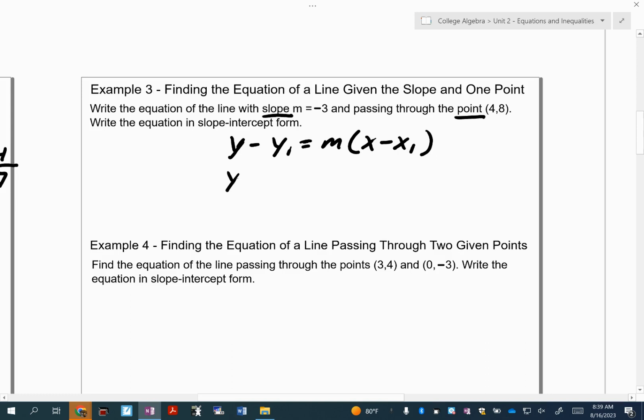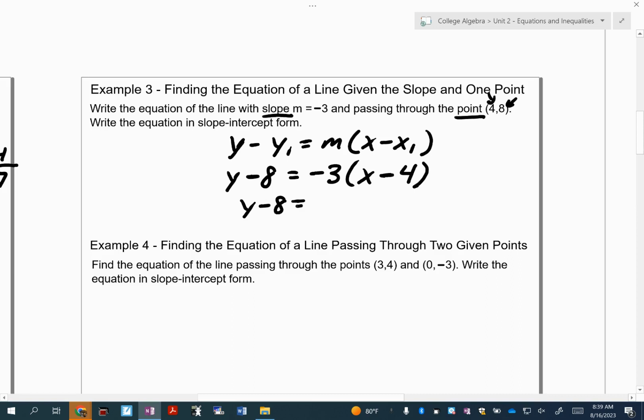What I always tell students is because the generic formula here has subtraction, you need to think opposite. This 8 is my y value, so I'm going to put minus 8. My slope, they told us, is negative 3, and x minus the x coordinate of 4. So if those values for my point had been negative, you would see that I would have addition instead of subtraction.